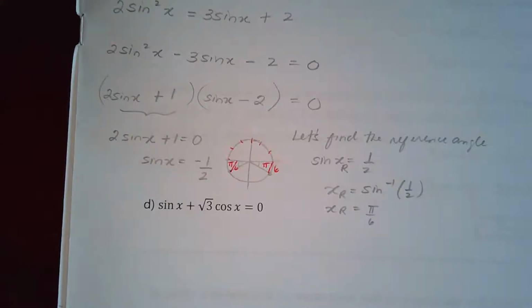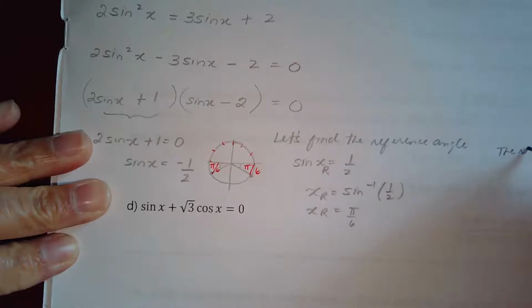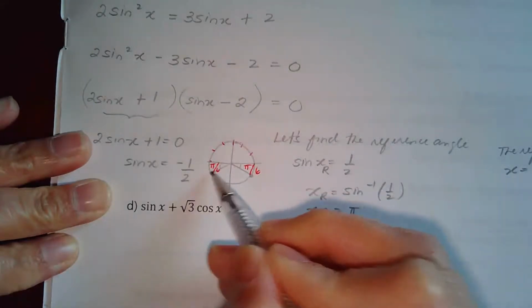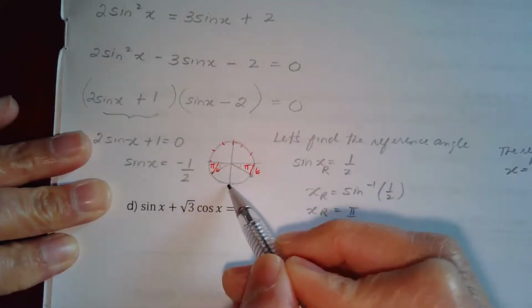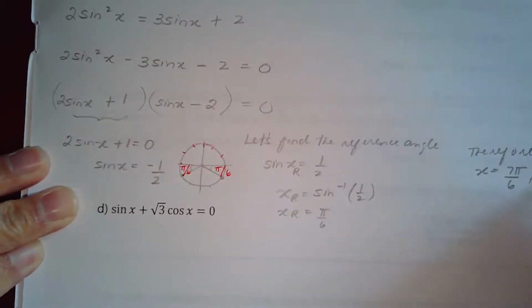So therefore, x is equals to 7 pi by 6. Okay, so this is 7 pi by 6, 8 pi by 6, and this is going to be 11 pi by 6. 11 pi by 6.